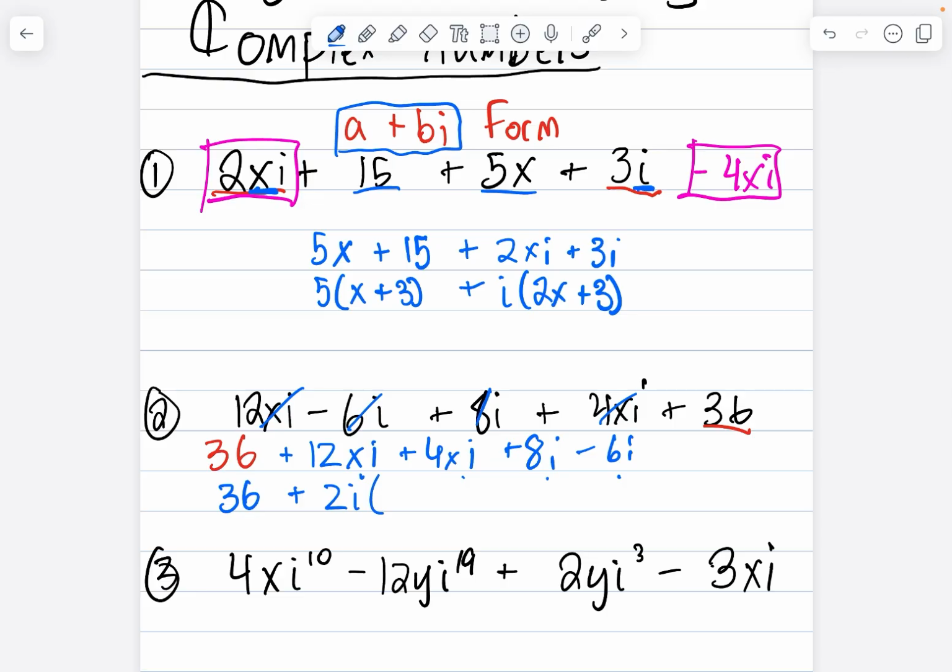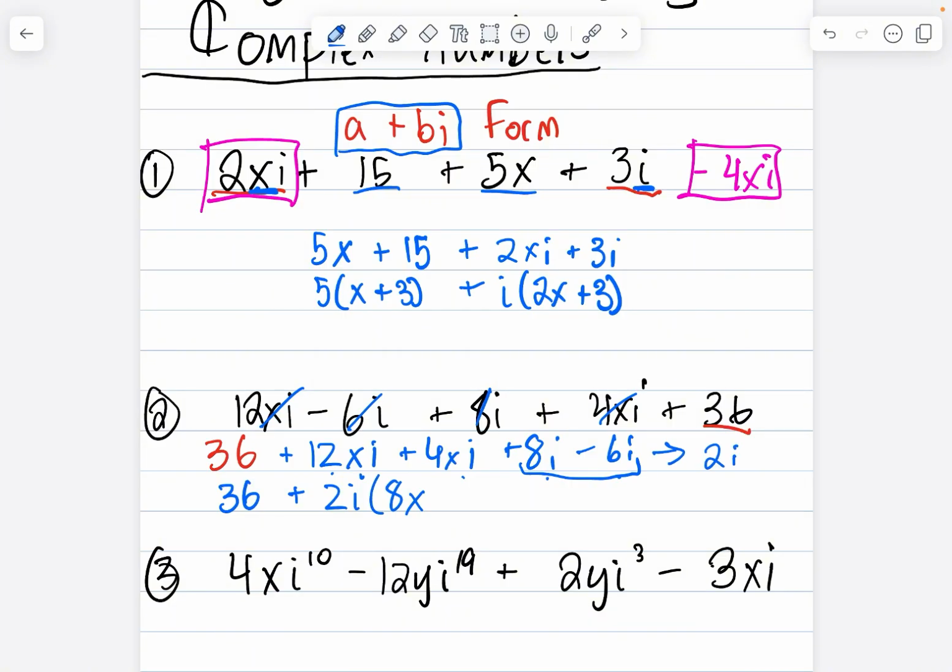4xi plus 12xi is 16xi. So instead of doing 16xi, I'm just going to do 8x. And then I have here 8i minus 6i, which I can combine, which is just 2i.